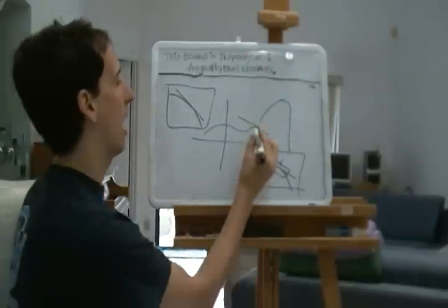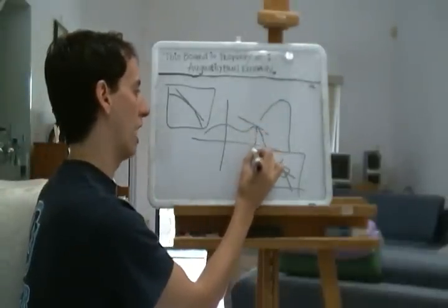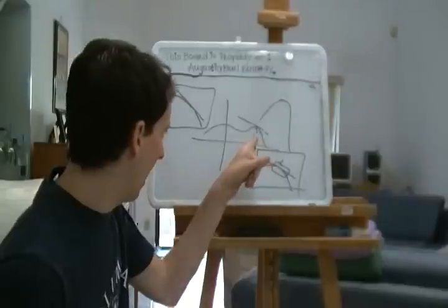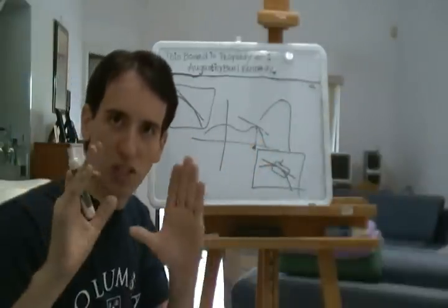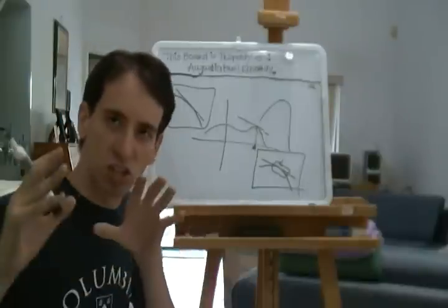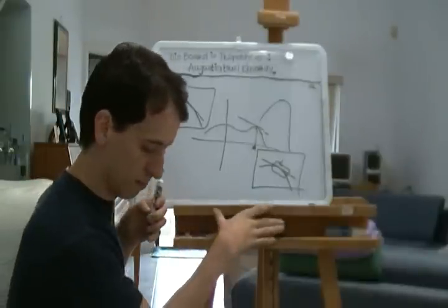And you can see that at that point, let's call that magic point A, the further we zoom in, the more the function looks like its tangent line.